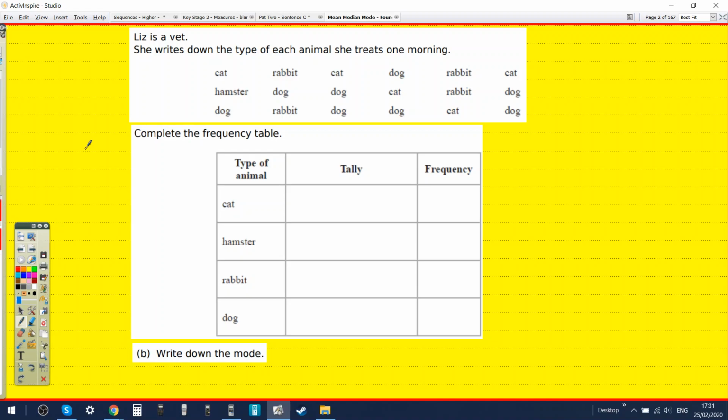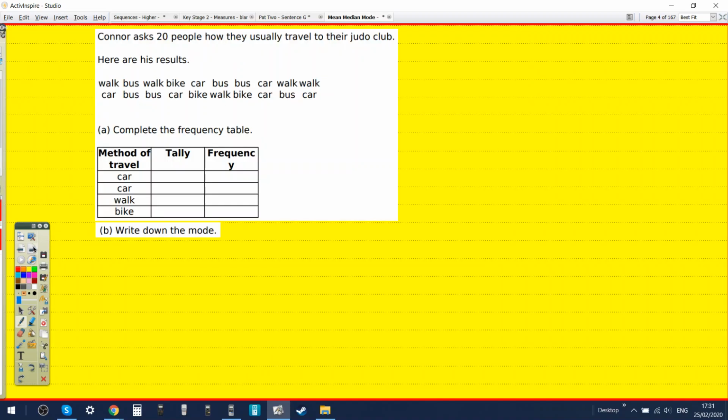Do you know how a tally works? Is it like one stripe, then 4 stripes across? Yeah. So cat, that's one. Cat, another. Another. You do 4 normal, and then the 5th one goes across. Cat, and that's all the cats. What is the frequency? 5. Yes, that's it. I think you'll be good for the rest of that.